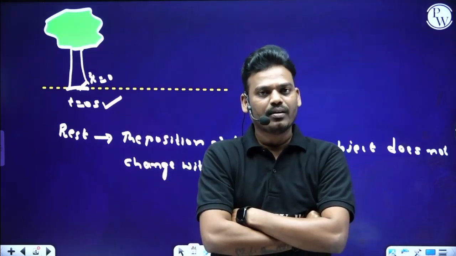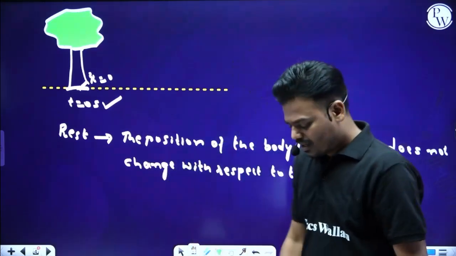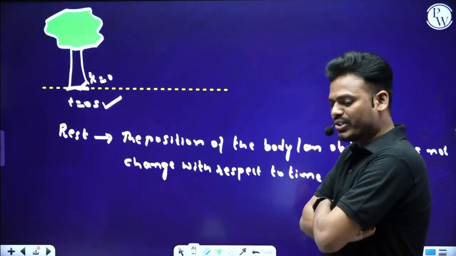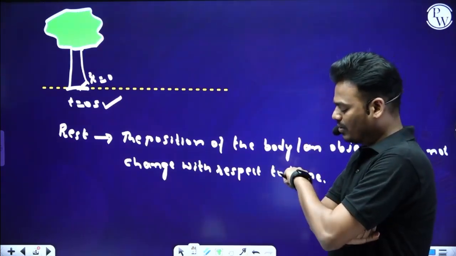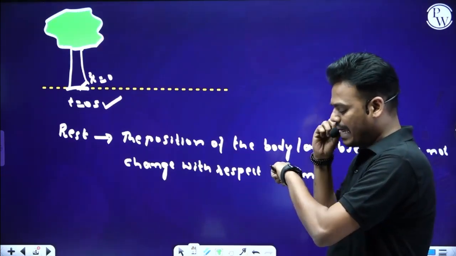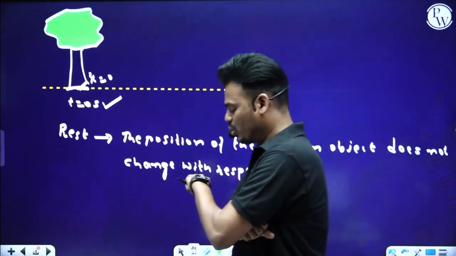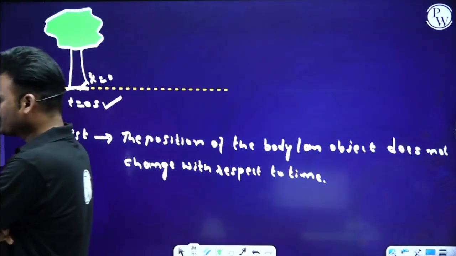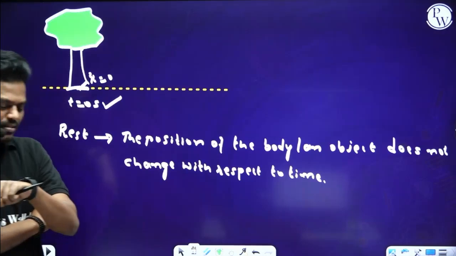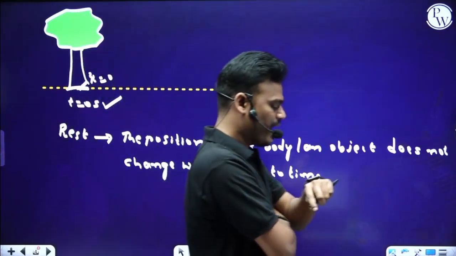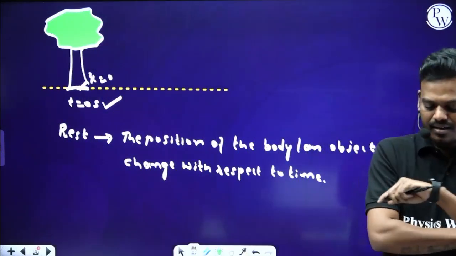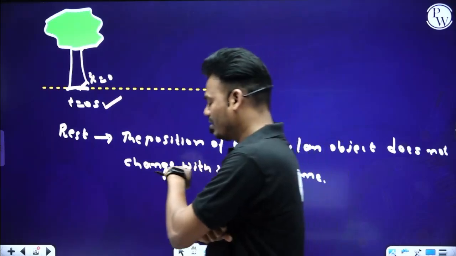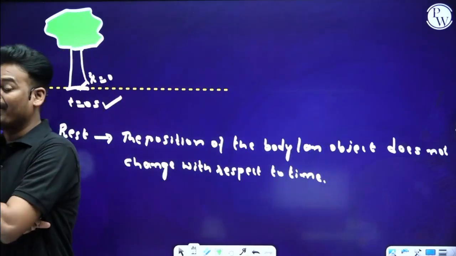No. Let's consider the second case. This is my initial position and the time is 0, and let's count the timing. 1 second, 2 second, 3 second, 4, 5, 6, 7, 8, 9, 10, 11, 12, 13, 14, 15.